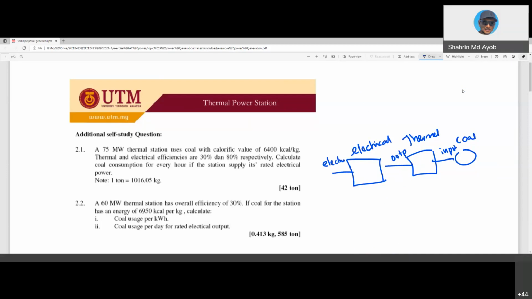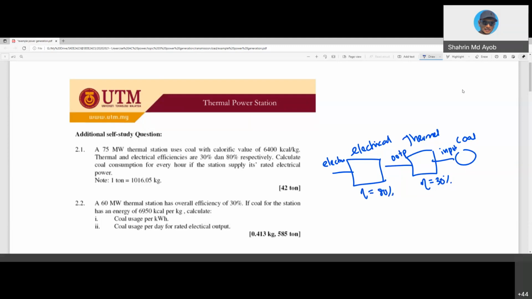The thermal conversion has an efficiency of only 30%, and for the conversion from the thermal output into the electrical output, the efficiency is around 80%. So this is what it means.